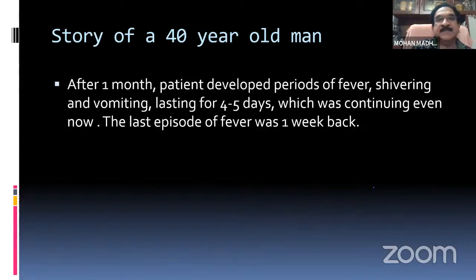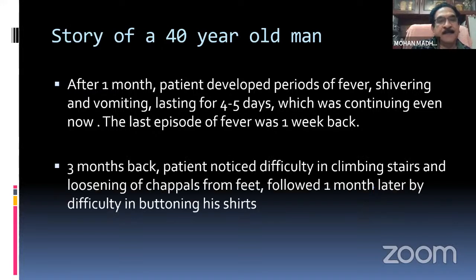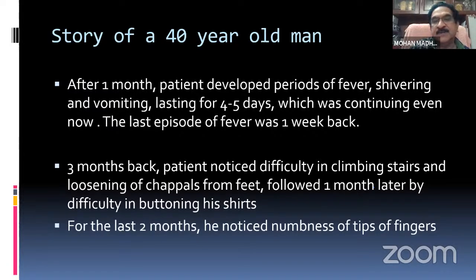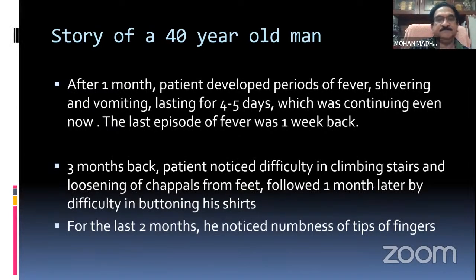After 1 month, the patient developed episodes of fever, shivering and vomiting, lasting 4 to 5 days, which is continuing even now. The last episode of fever was 1 week back. 3 months back, the patient noticed difficulty in climbing stairs and loosening of the chappals from the feet, followed 1 month later by difficulty in buttoning the shirt. For the last 2 months, he noticed numbness of the tips of the fingers.